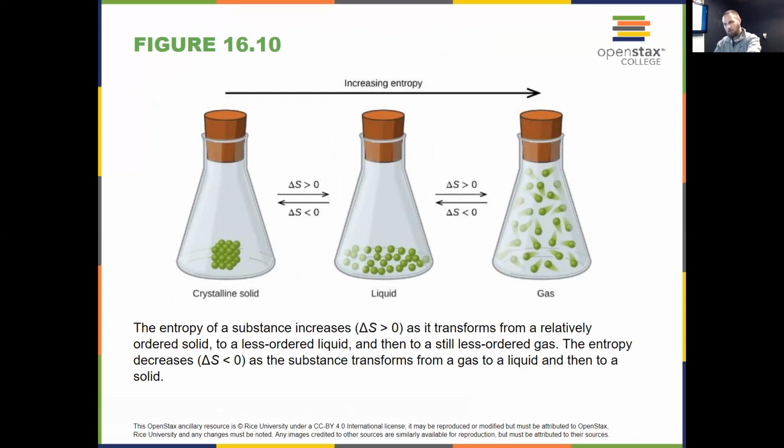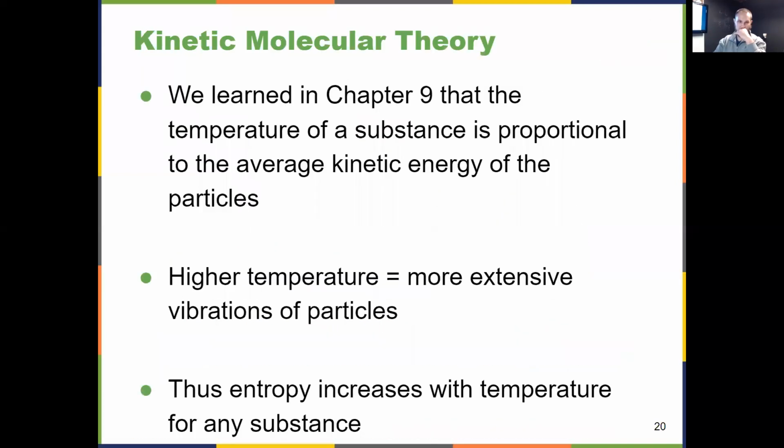What about the energy of those particles? Thinking about vibration and the relationship to temperature. If we tie back to kinetic molecular theory, that KMT from chapter 9, we saw at the end of chapter 9 that the temperature of a system is proportional to the average kinetic energy of the gas particles.